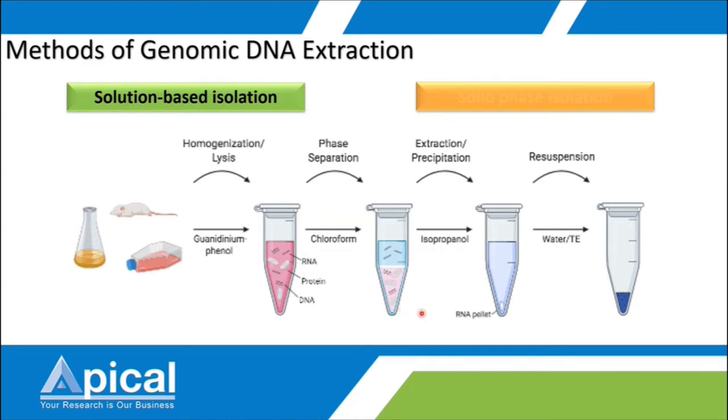But there is a drawback for this method also, because when you want to pipette out the upper phase, sometimes you may mistakenly take some of the interface or some of the organic phase into the new tube. This is how it causes contamination.